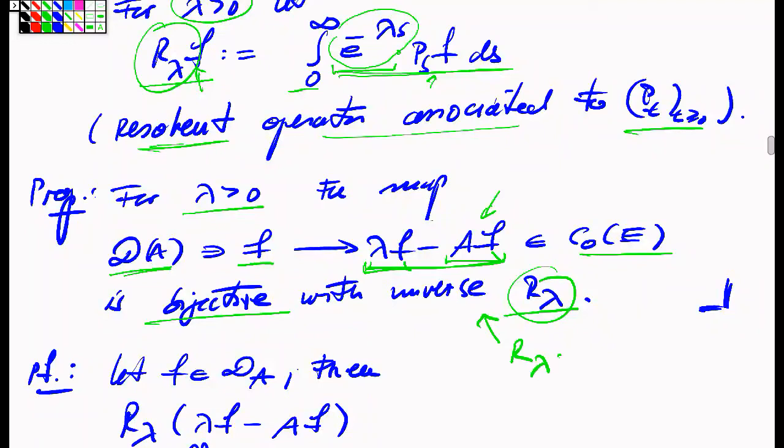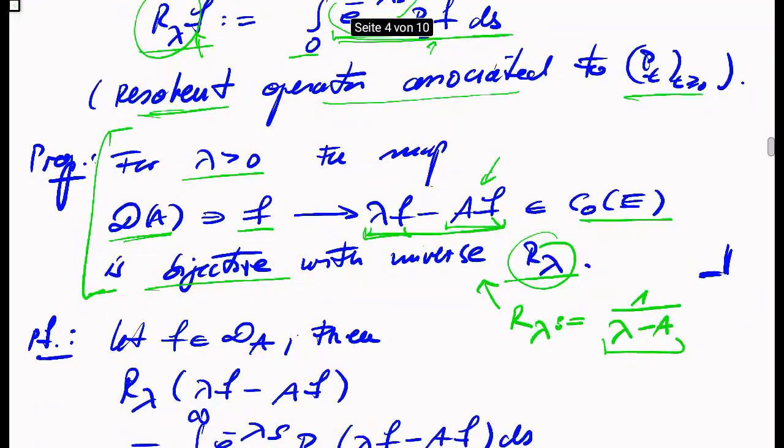R lambda is then often informally written as 1 divided by lambda minus A. Well, it has to be understood in what sense this is an invertible map, but once you have clarified, and it's part of the statement of this proposition, that this map is in fact invertible, it has full range, and it has an inverse which is exactly the resolvent, this notation is justified.